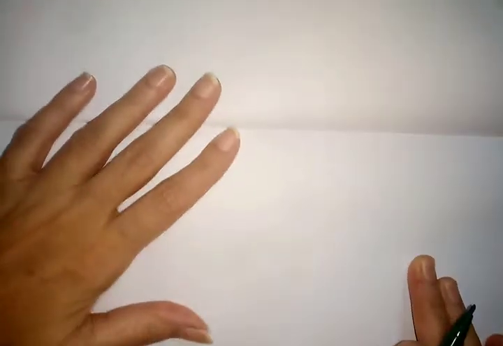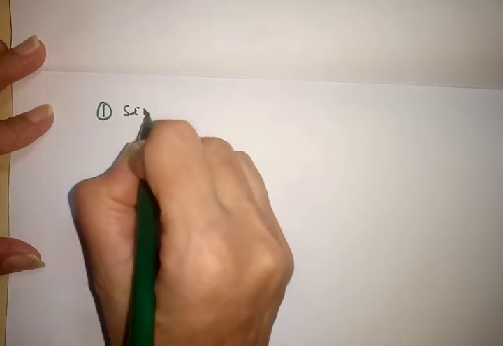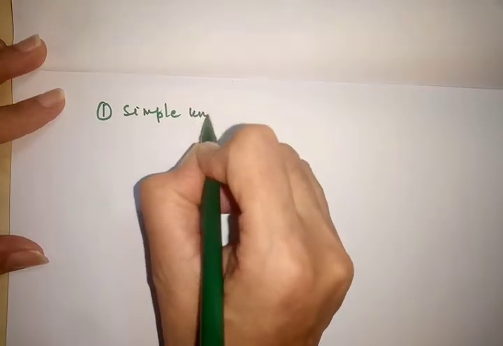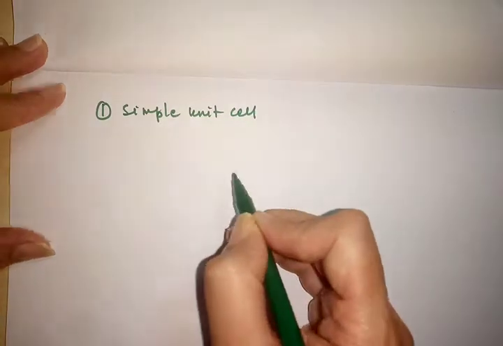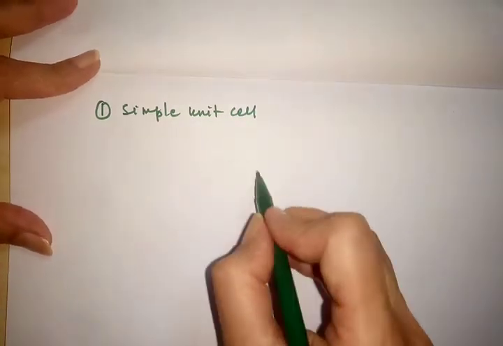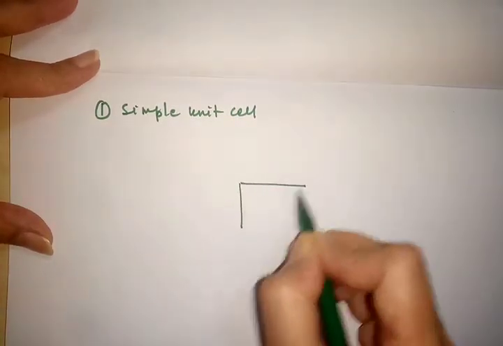Now the next, you can draw the first type of unit cell, that is what we call a simple unit cell. This simple unit cell can be drawn very easily.